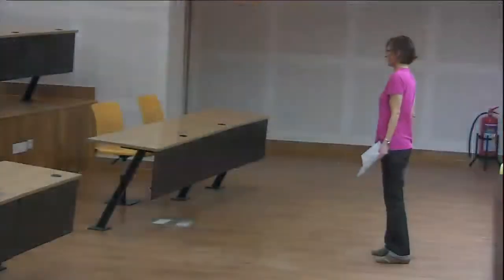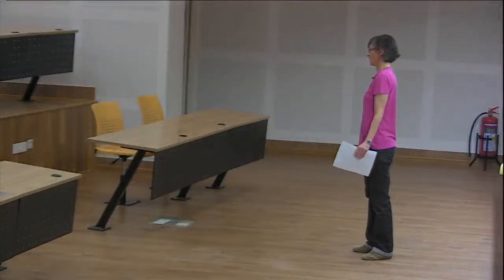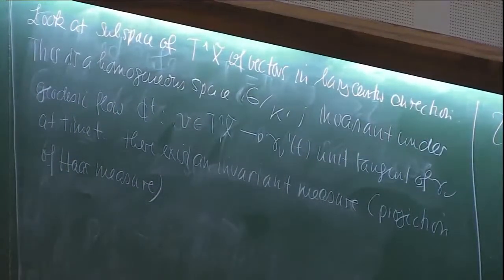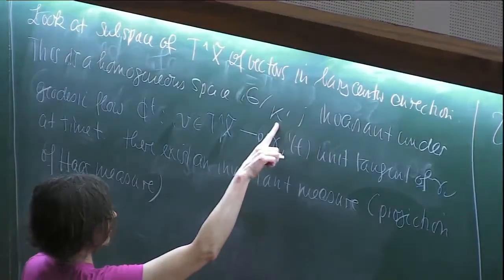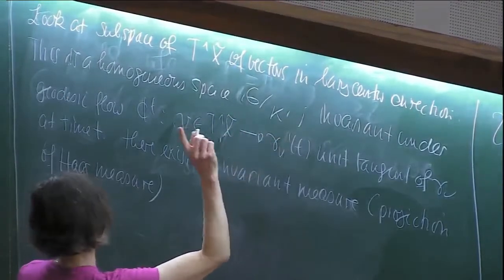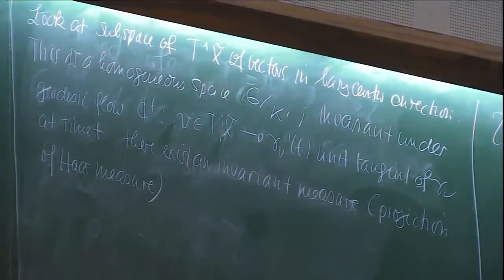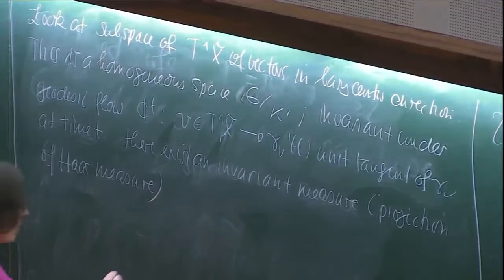It's only virtually G mod K prime. I'm slightly lying here because there's a Weyl group, and the Weyl group is always in your way. But this is an invariant measure, the projection of Haar measure, which is flow invariant, and so now you can project it.